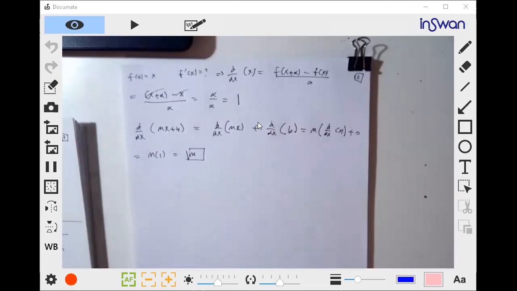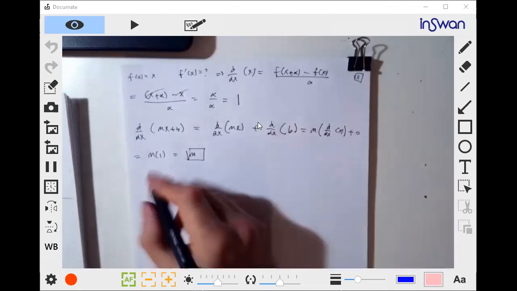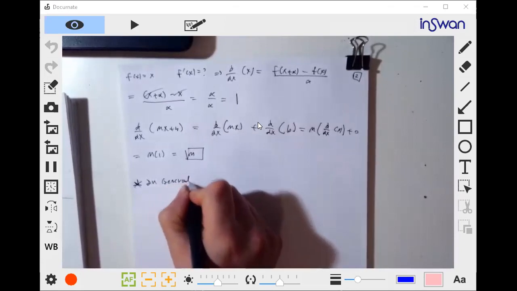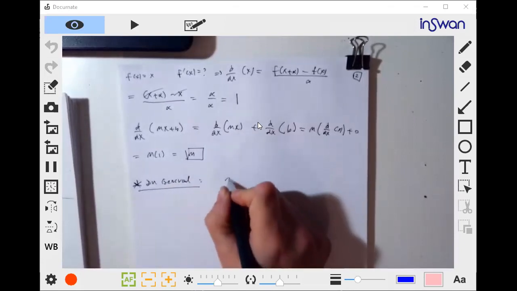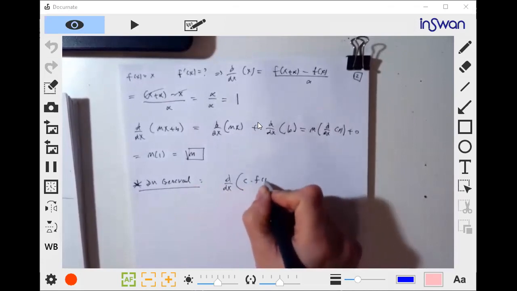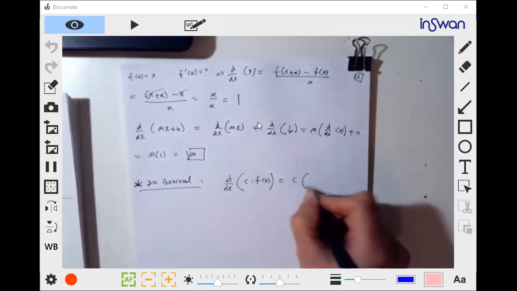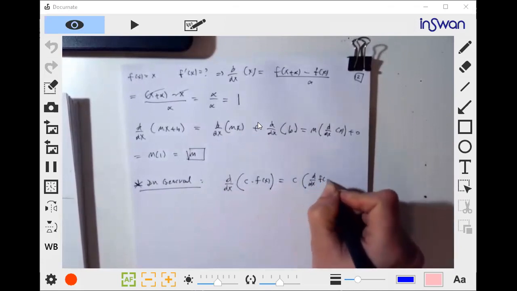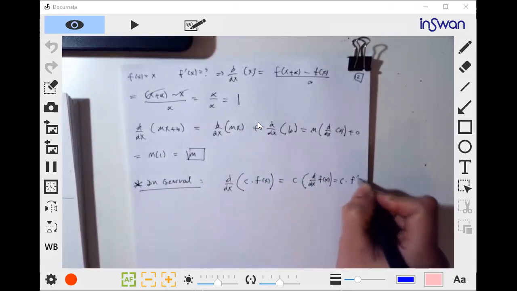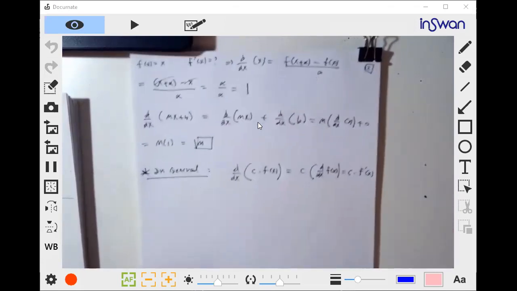Okay? That definitely happens. So in general, this is true: d dx of some c times some f of x is equal to c times d dx of f of x, which we can just write succinctly as c times f prime of x.